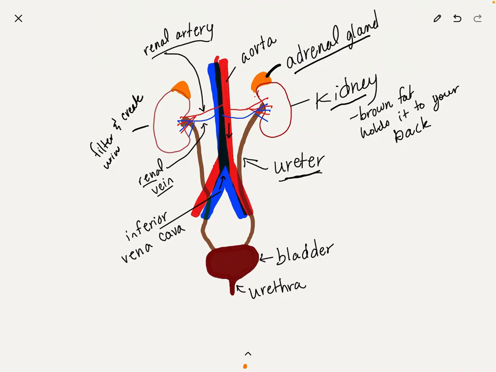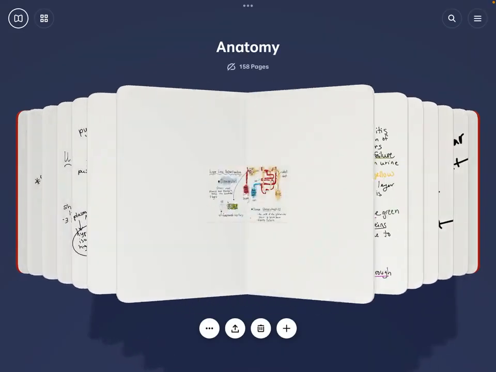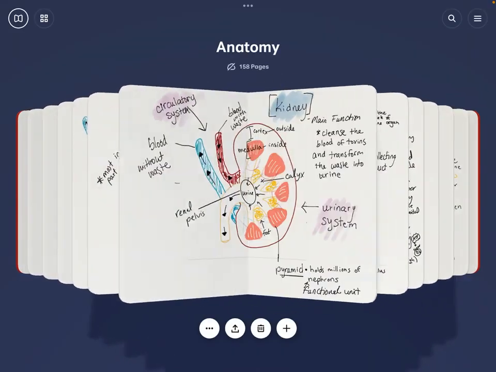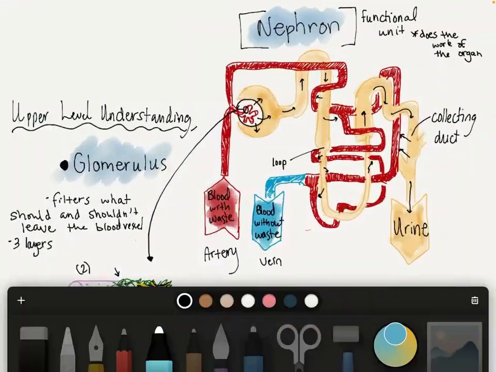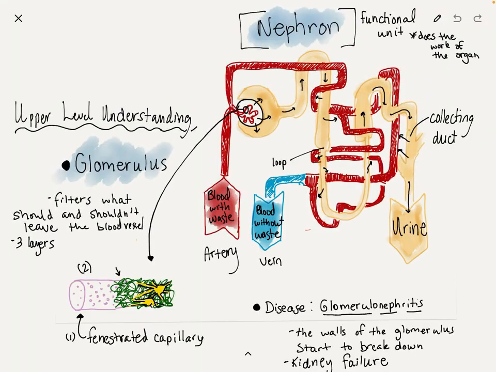So a nephron is just a very complex, let me find it. So a nephron is just like this. Okay, it is this network of, you have a blood vessel next to it, and then you have the nephron. The nephron is your functional unit. It does the work of the organ.